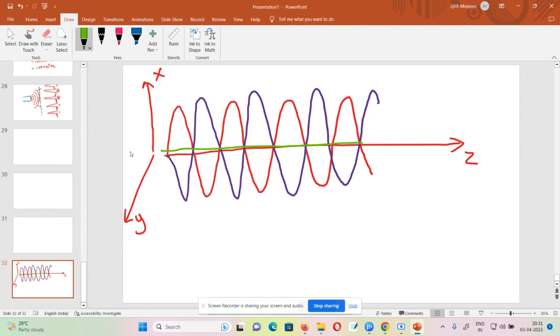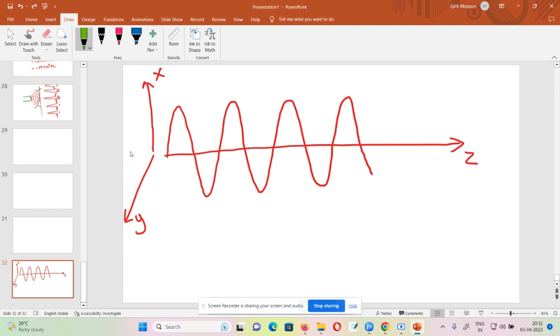So if you want to get a maximum intensity or a minimum intensity, the beams should be added exactly in phase or out of phase. Now see what will happen if your polarization changes.